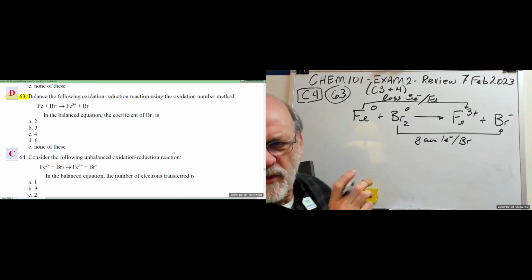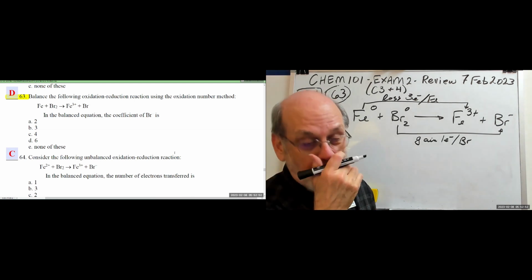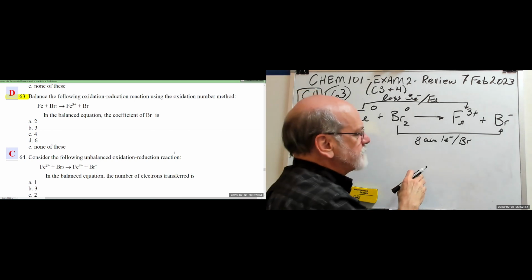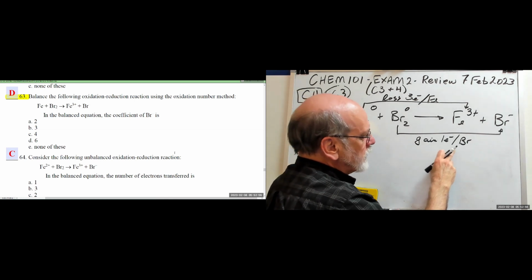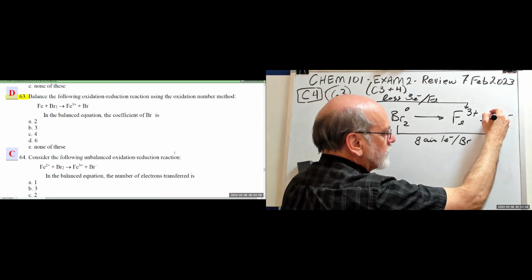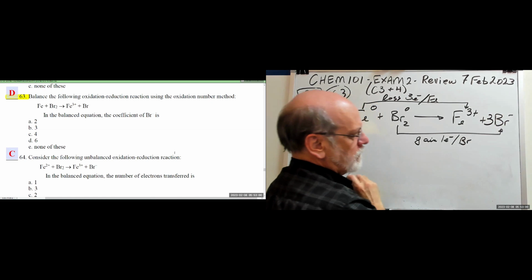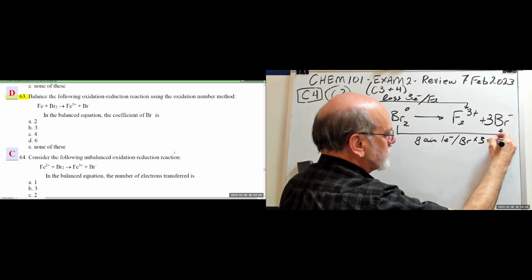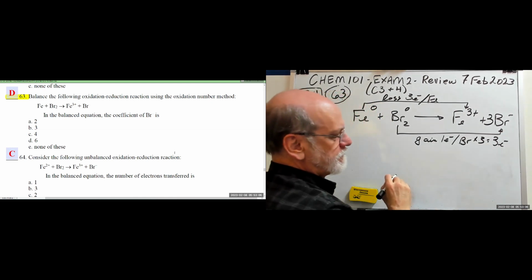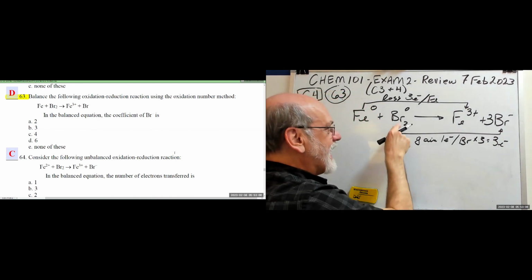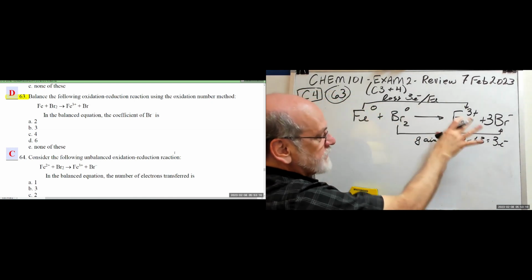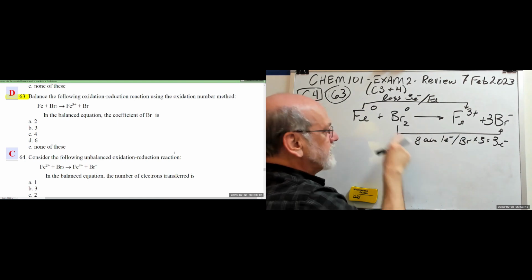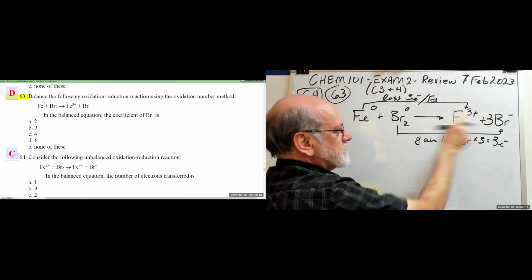Now there are a number of ways to solve this, right? I'm inclined to say we need 3 down here, right, to give you equals 3 electrons, right? But now that balances the electrons, but now we have an unbalanced bromine.